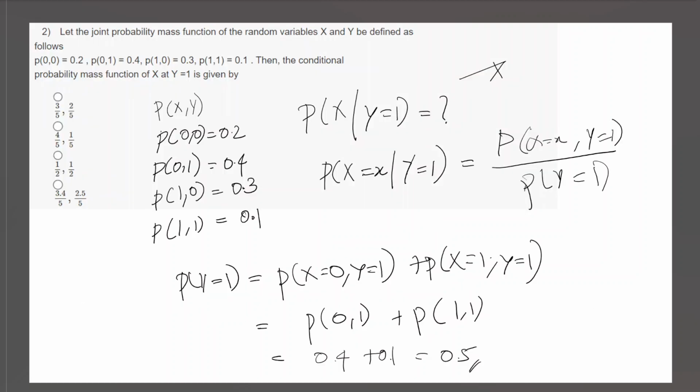They have given the answers in fractions, so whatever is closely matching is 4 by 5 comma 1 by 5.